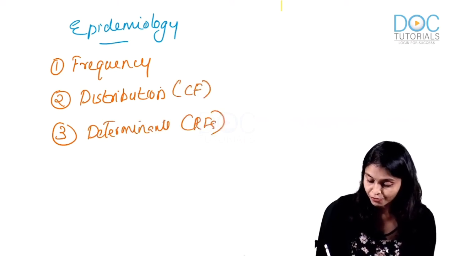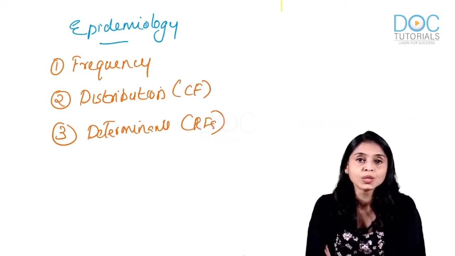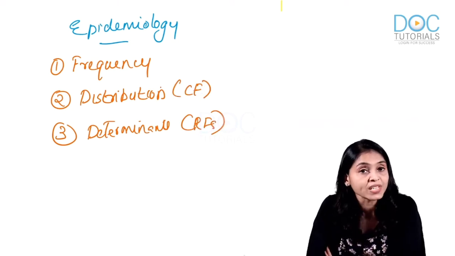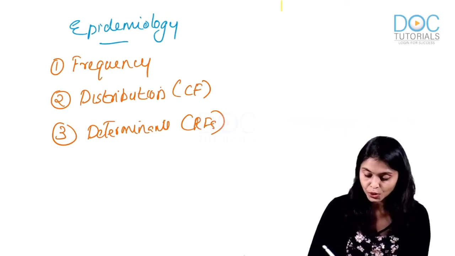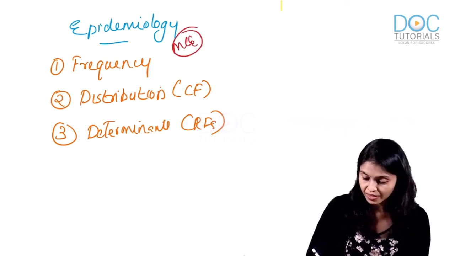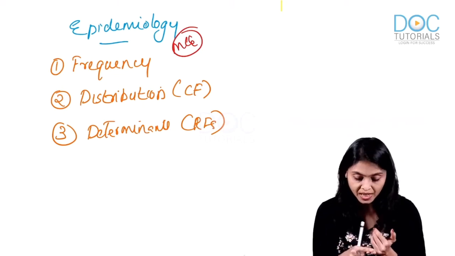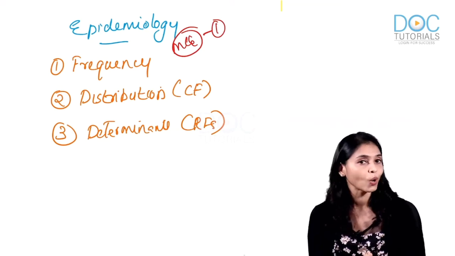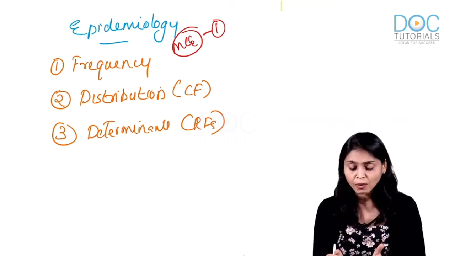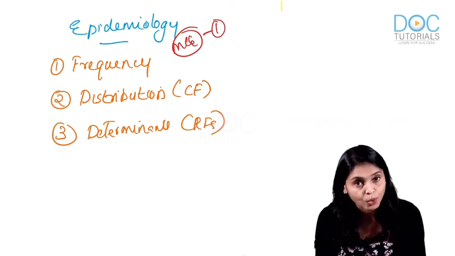Distribution means clinical features. Okay, so what you study in epidemiology is mainly these three, which is your first MCQ. What do you study in epidemiology? You're studying frequency, distribution, and determinants. This is your first MCQ. Okay, moving on to the next. See, out of these three, the most important is frequency.